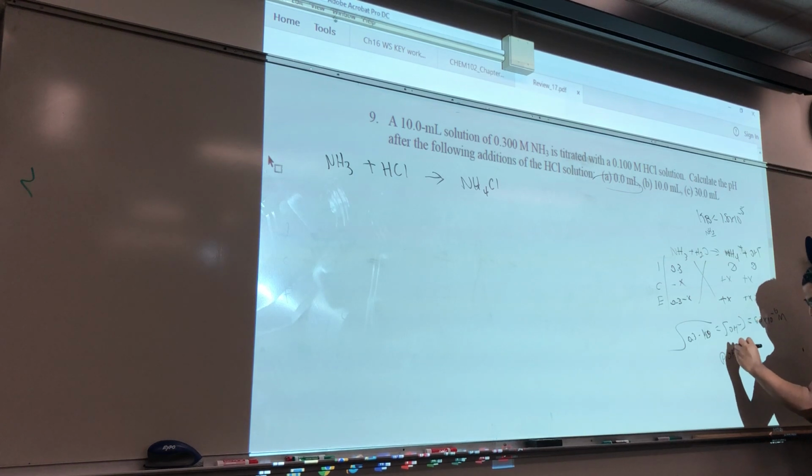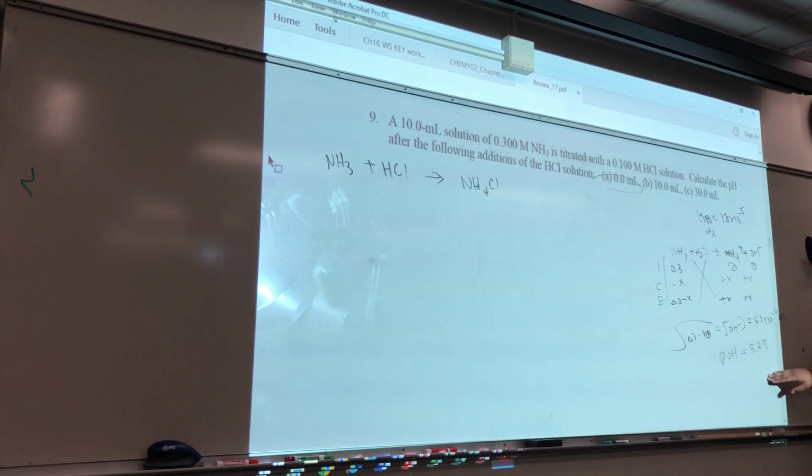So pOH equals 2.63. That's not what we want, so we do 14 minus this. 14 minus that, you get 11.37. So our pH is equal to 11.37, and we're done with part A.